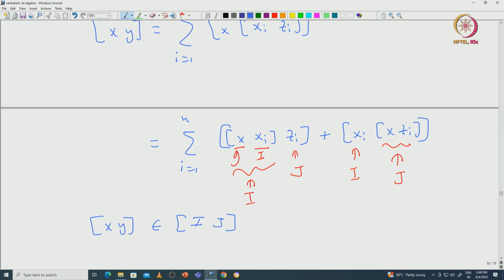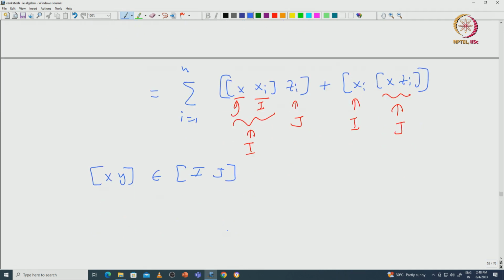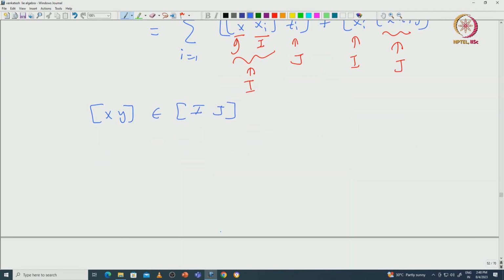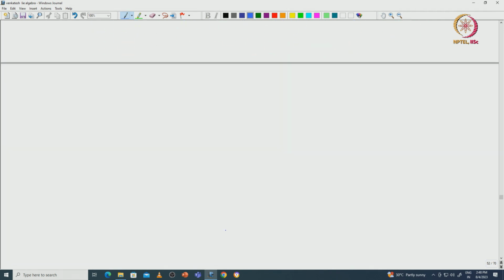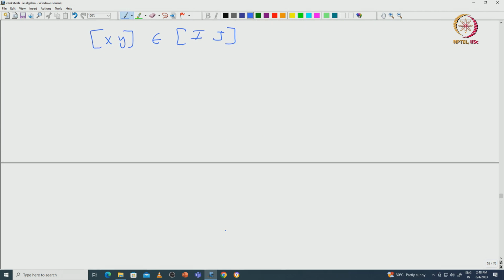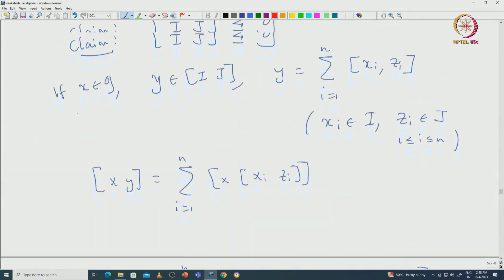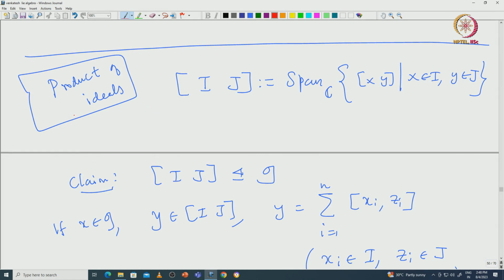So, now I want to give you a slight warning. The warning is that we need to have the span of brackets [x, y]. We can't avoid this span in the definition of the product bracket [I, J]. What is the meaning of that?